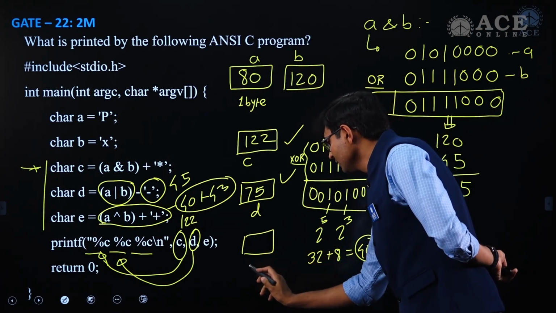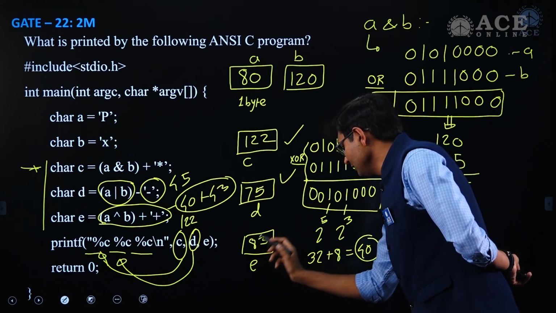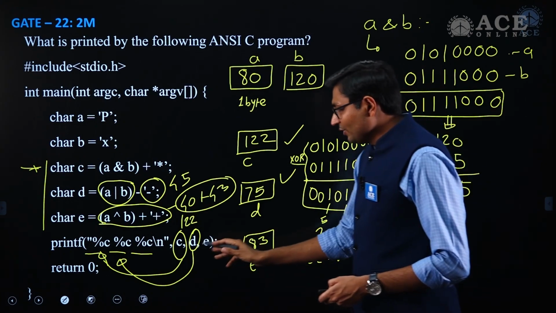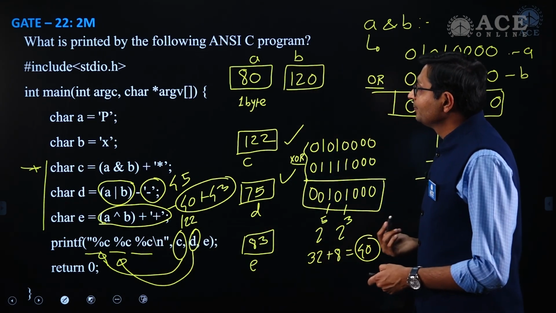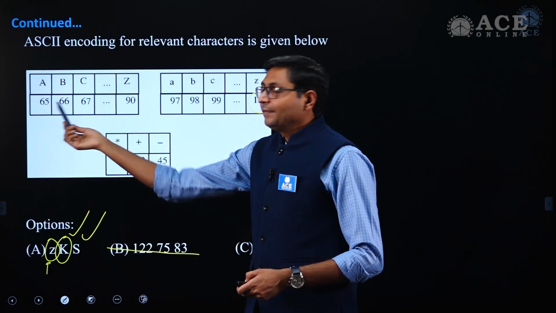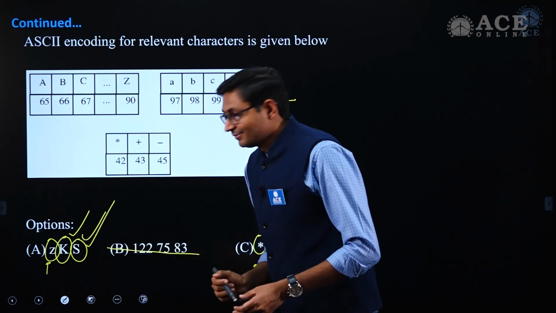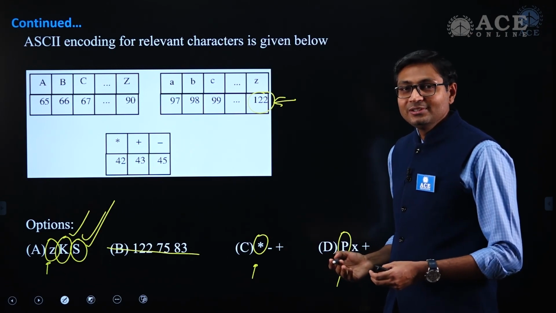Character E will have the ASCII value 83. Now if you count, and we are just printing it as a character, what is the equivalent of 83? If you just count, 83 will be capital S. Alright, so this is how we solve this question. Thank you.